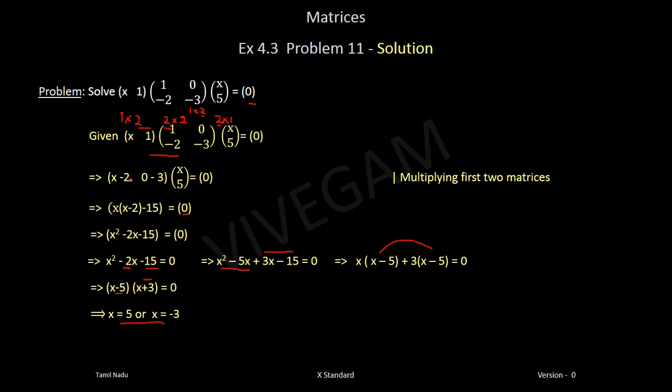Now this is one row and one column. First row into first column, you will get only one element, and the resultant matrix will be 1 by 1, which is also what is on the right hand side. So all you need to do is multiply this with this and this with this, sum it up and put it over here, because that is a 1 by 1 matrix, with only one element.